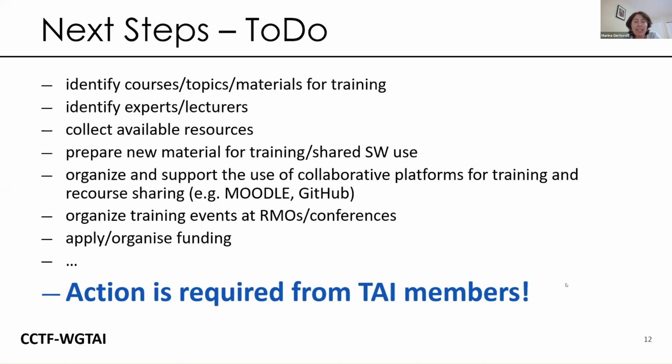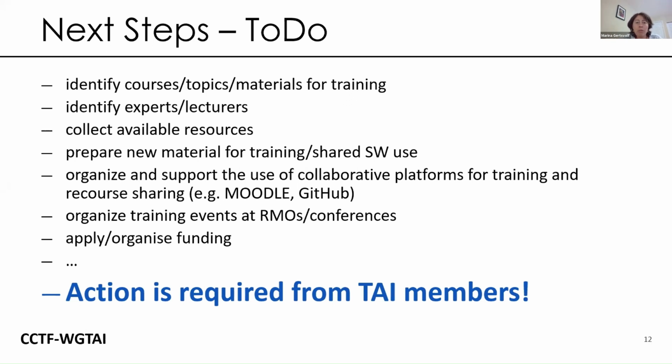So specifically, what needs to be done, and this is where we are looking for active participation from TI members, including filling the second deposition at BIPM to actually focus on this development.